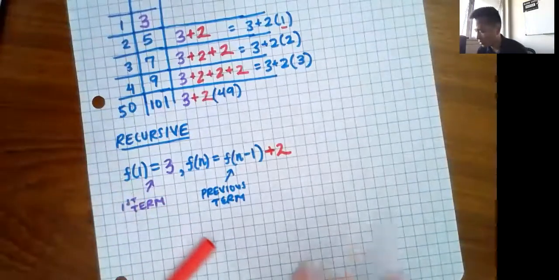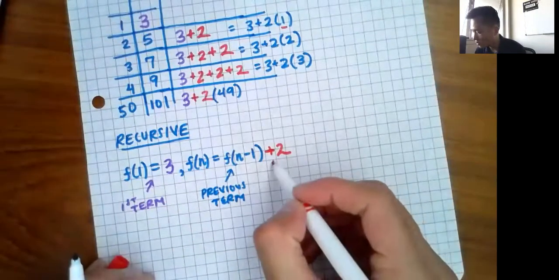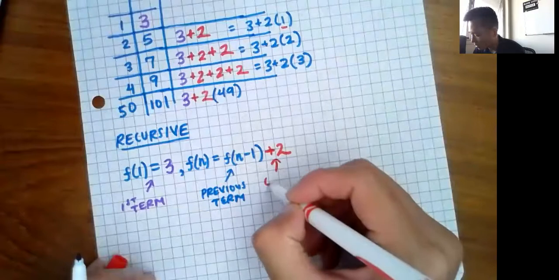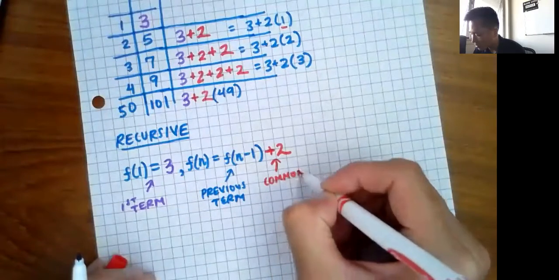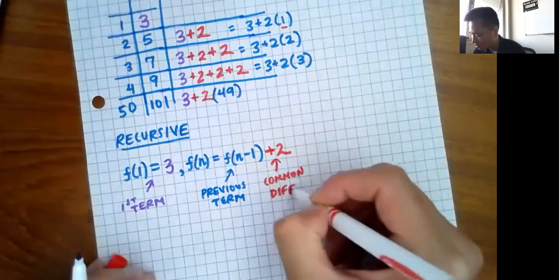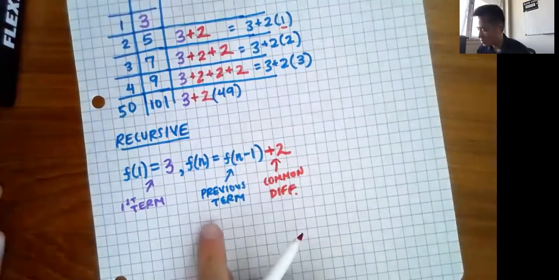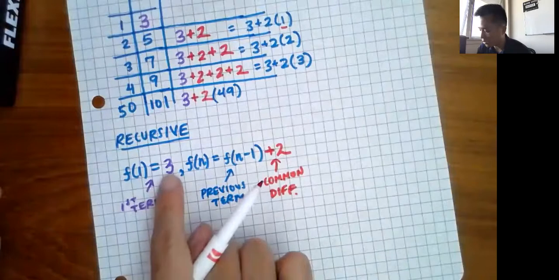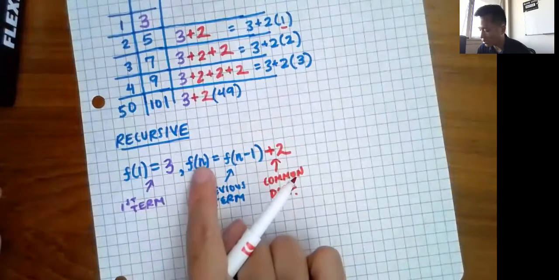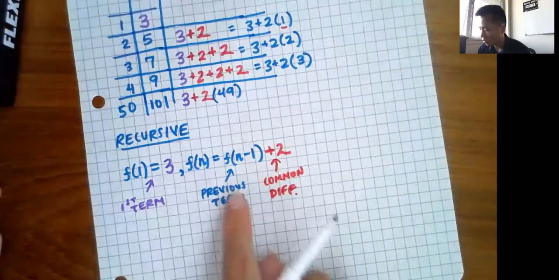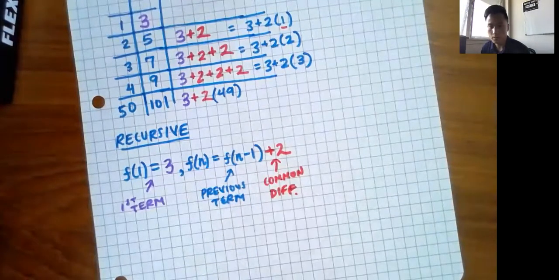And then this plus 2, why plus 2? Well, that's what the pattern was. That's what the common difference was. So what this is saying is, this sequence started at 3, and then each term is equal to whatever the previous term was, but plus 2, because it's adding 2 each time.